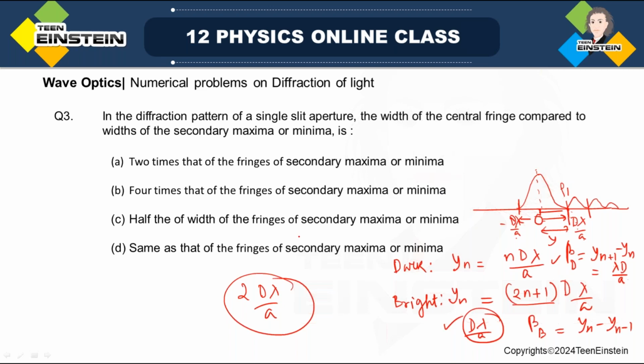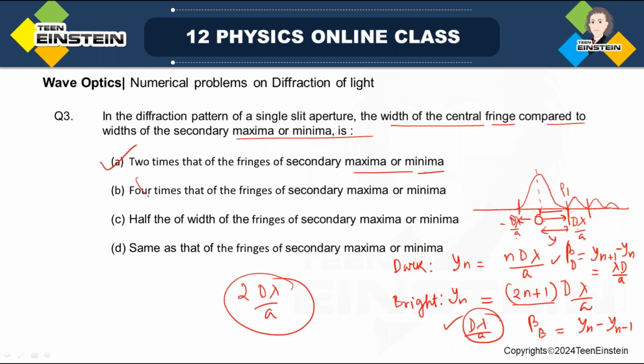So we are comparing the width of the central maxima or central fringe to the width of the secondary maxima or minima. Any of the secondary maxima and minima are of equal width, and the central maxima will be 2 times that. The width of the central maxima will be 2 times that of the fringes of secondary maxima or minima.